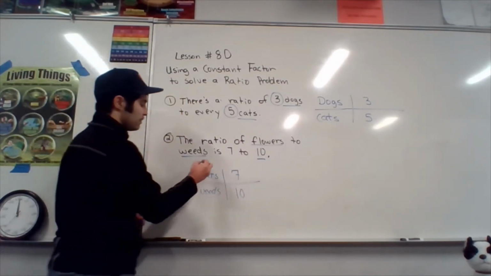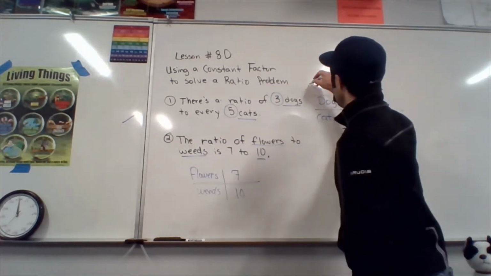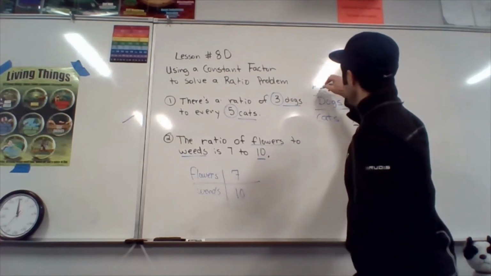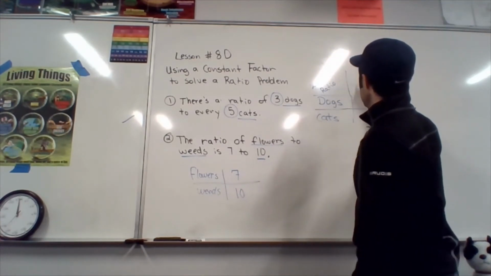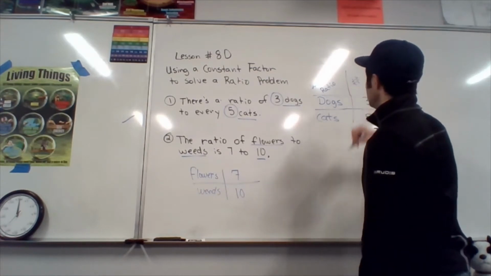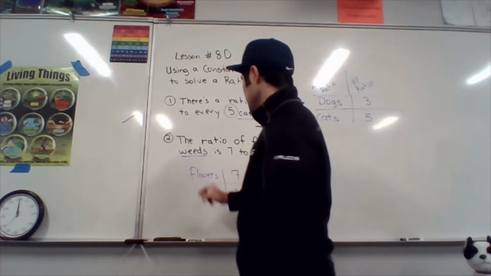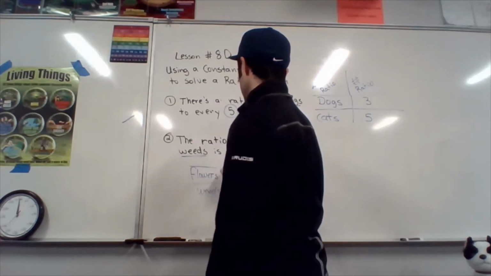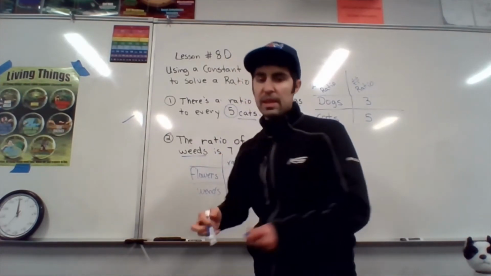So now we have what I call, the first one here is called the word ratio, because it's a ratio that has words. And this one right here is the number ratio. Okay? Same thing here. Those are your labels. And this one right here is your number ratio.